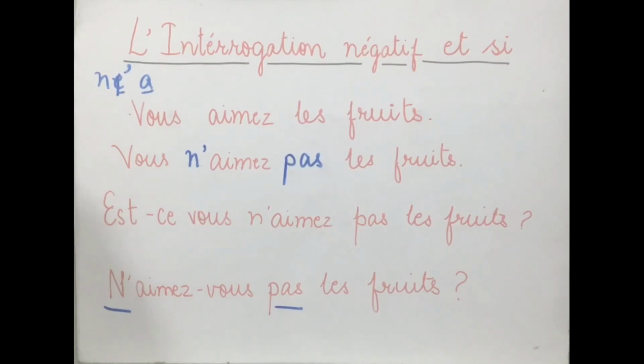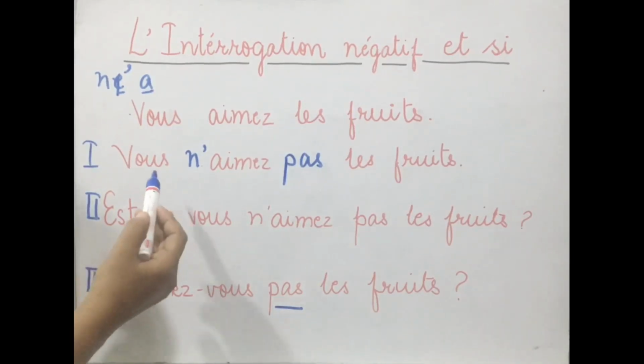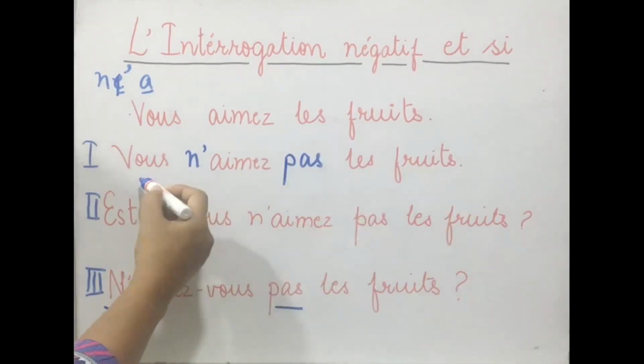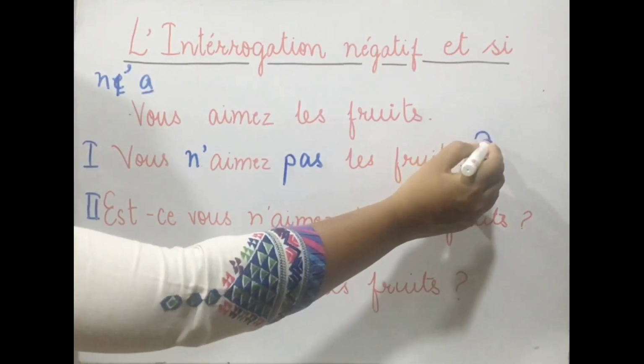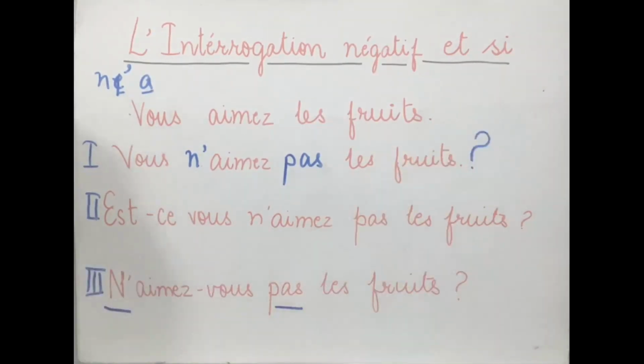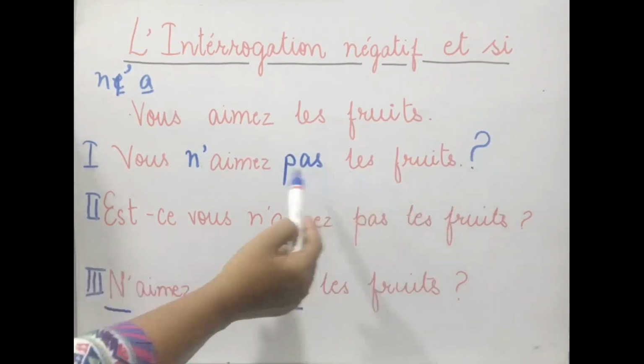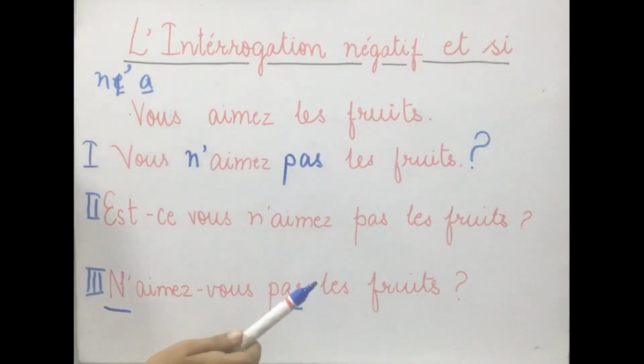And I told you in the last lesson that for making the interrogation we have 3 forms by which we can make an interrogative sentence. The first was the intonation. So what we do is we just change the tone of speaking and just add a question mark, this interrogation mark, and this becomes an interrogative sentence.